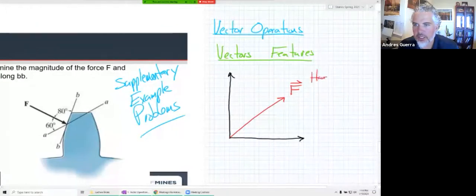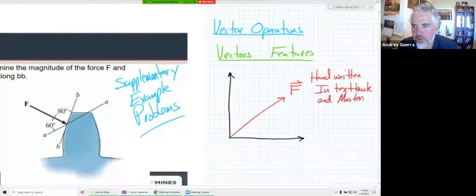In lecture, we'll do it as the F with the arrow over the top of it. In the textbook, and also on Mastering Engineering, they use bold font.